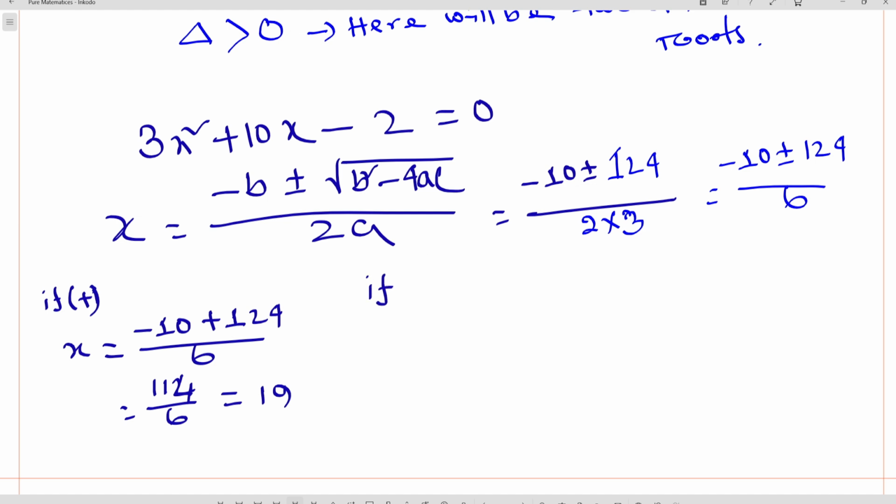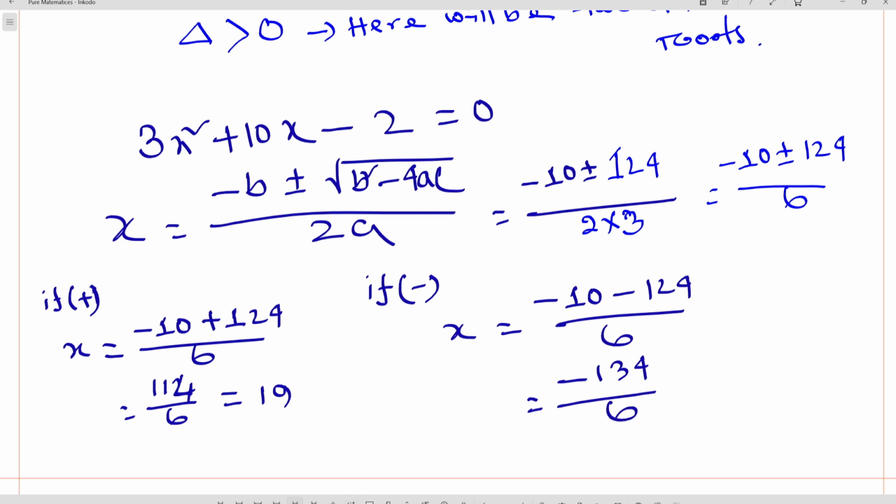Next, if minus, it means negative, x equals -10 minus root 124, divided by 6. Here we can divide, so it's 67 by 3, which means -67 by 3.